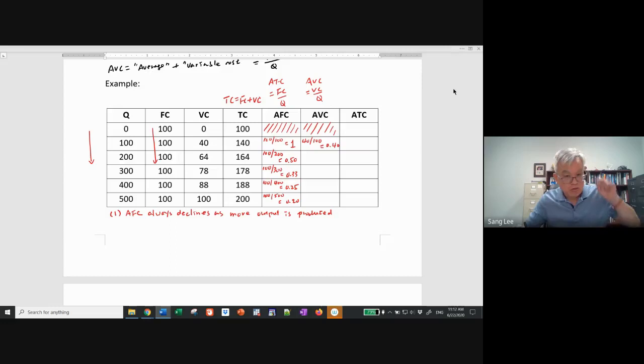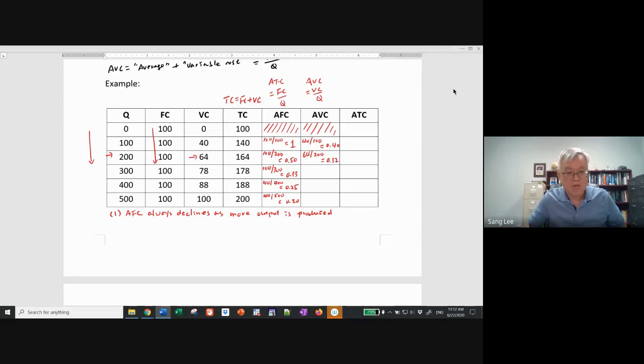Remember that variable cost does increase as more output is produced. So when you produce 200 units, variable cost is now 64. So 64 divided by 200 is going to be 32 cents.